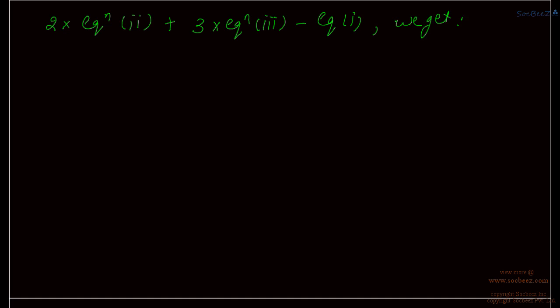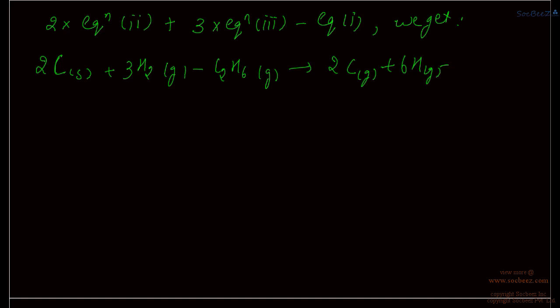Okay, then we get 2 into C(s) plus 3H2 gaseous minus C2H6 gives 2 into C(g) plus 6H(g) minus 2 into C(g) minus 6H(g).